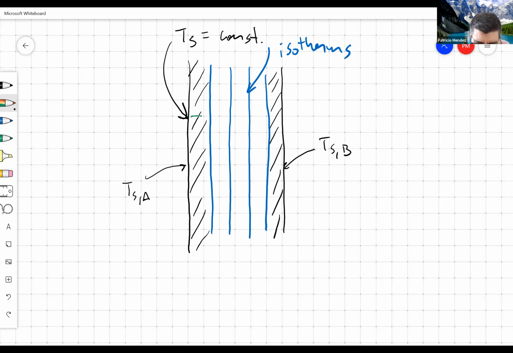So the adiabats are going to be like this. These are the adiabats. They are always perpendicular to the isotherms.